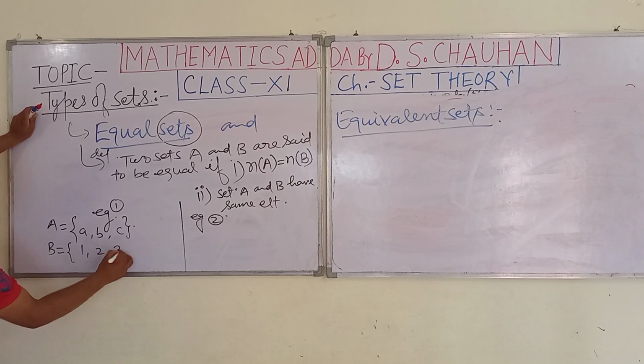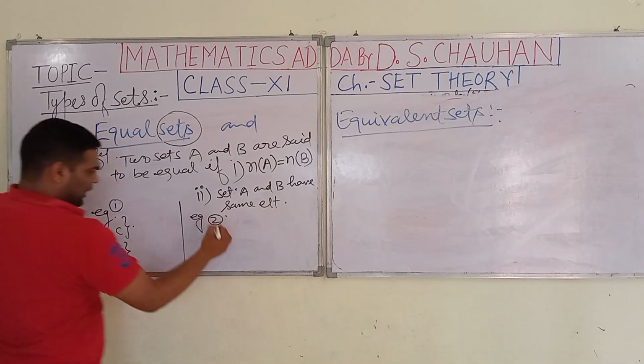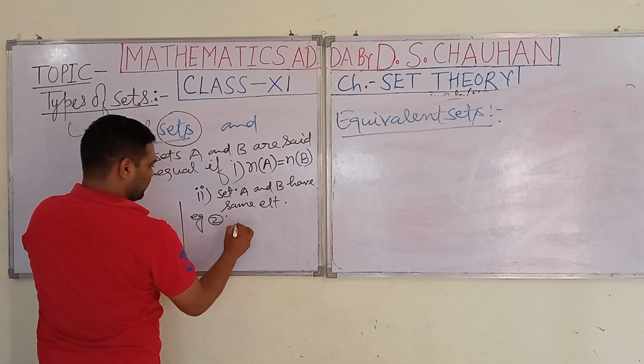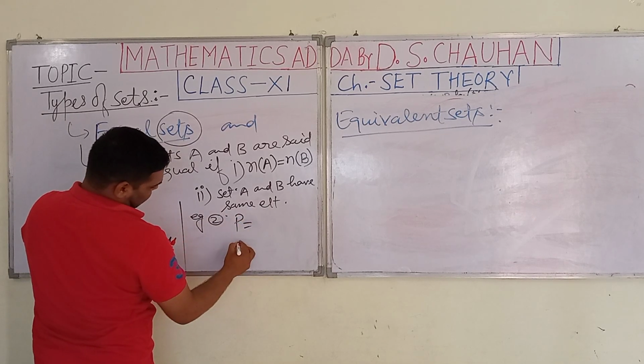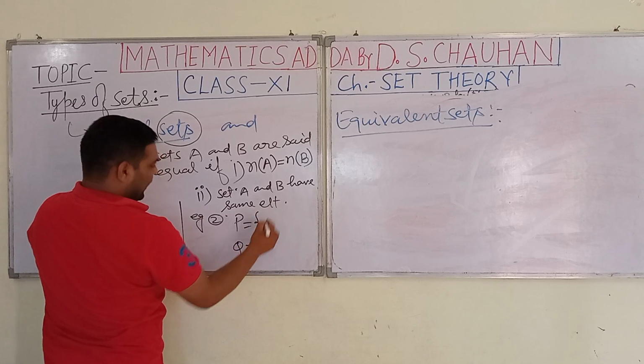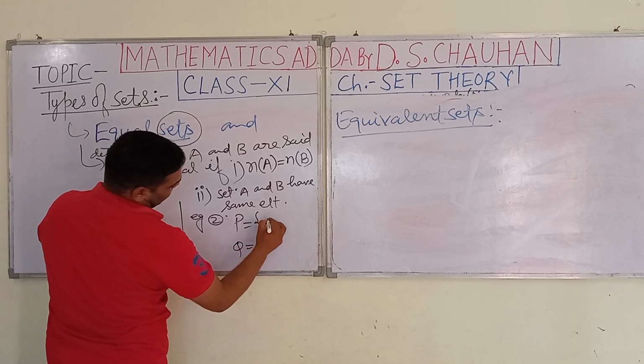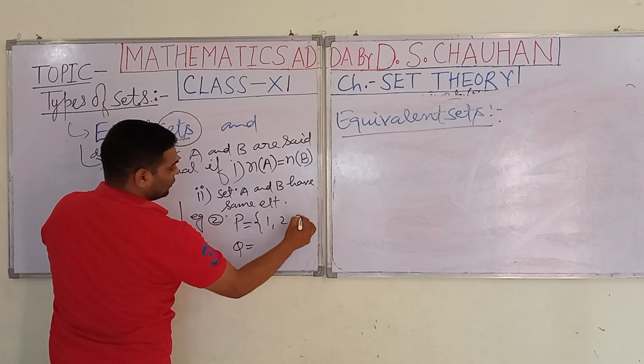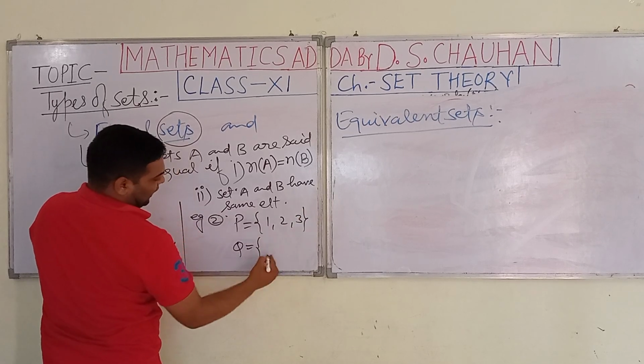Example 1, example 2. See here, the set A whose elements are A, B, C, and set B whose elements are 1, 2, 3.